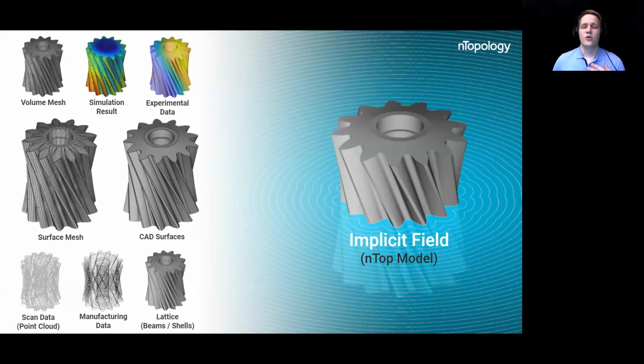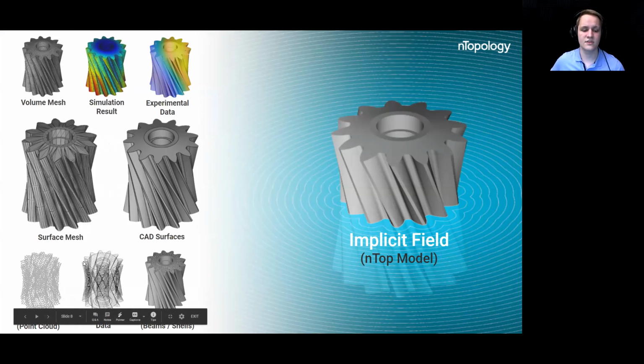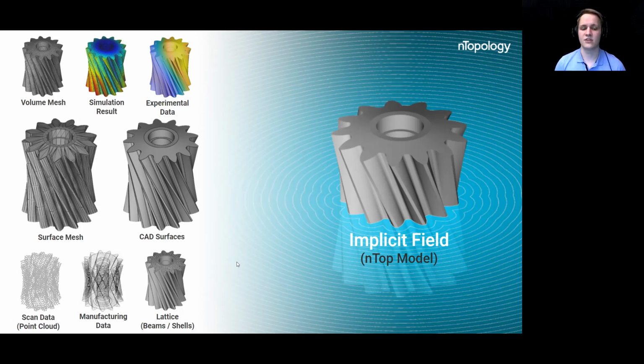Because I said nTop's goal is to remedy those issues, we still can't expect everybody to only ever use implicit modeling, so we work with a whole lot of different data types. You can see your CAD surfaces here that you can import into nTop, simulation, volume meshes, surface meshes, point clouds, slices, just a ton of different data types that you can work with inside of nTop Platform.